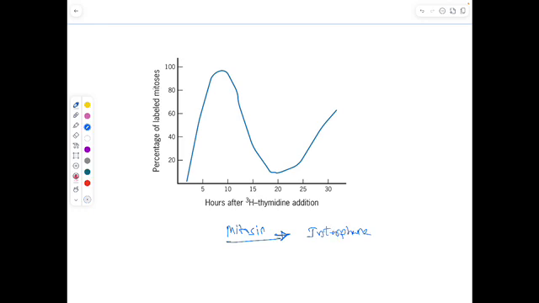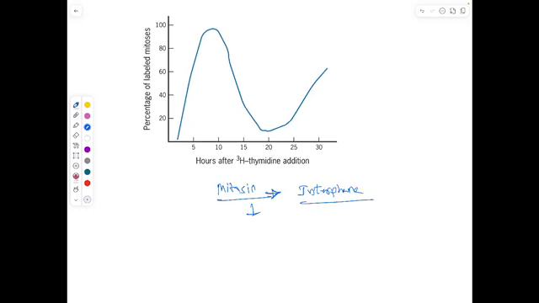So there is mitosis and interphase. How were the different phases of interphase observed? In mitosis, using the light microscope, they observed how prophase, metaphase, anaphase, and telophase take place by seeing the structural changes in the cell.